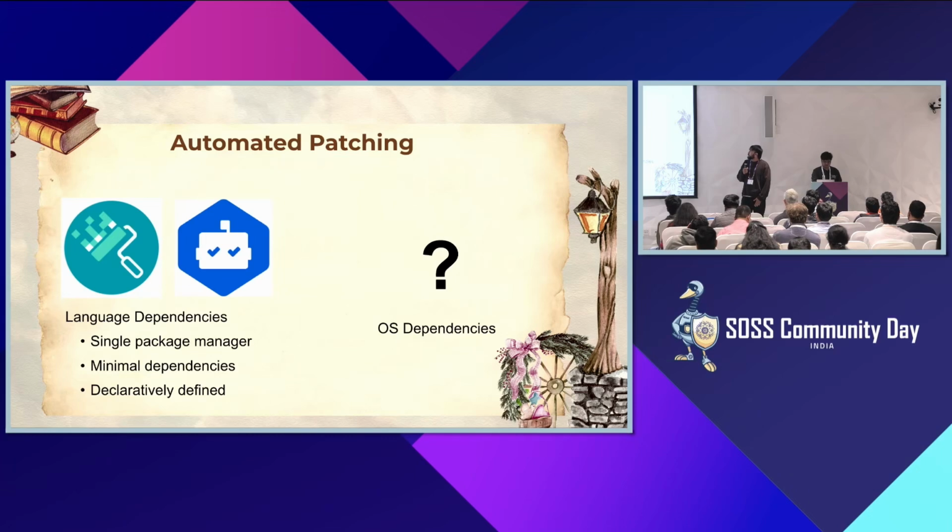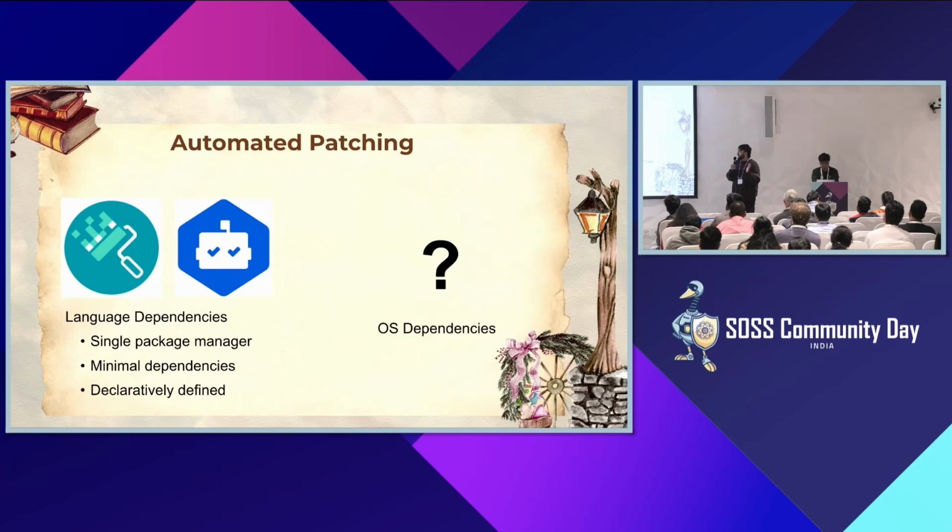Then automated patching. The things that we just discussed, like the single package manager and minimal dependencies, are already being followed if you pay attention. Let's take an example of Golang. We have a single package manager for Golang. The dependencies defined in the go.mod are the ones actually being used.